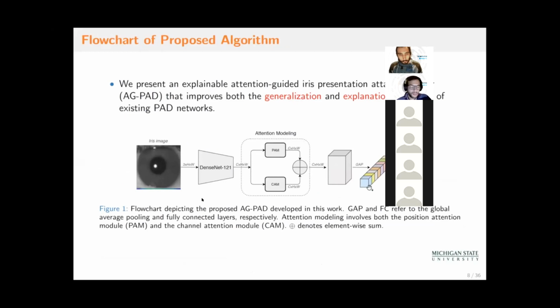Given an iris image, it is first input to a backbone network. After that, we apply PAM and CAM to the convolutional feature maps. Then we fuse the outputs from those two different attention modules. In the end, we perform the flattening operation and input the result into the binary classifier.